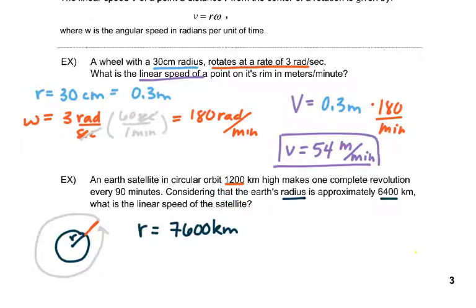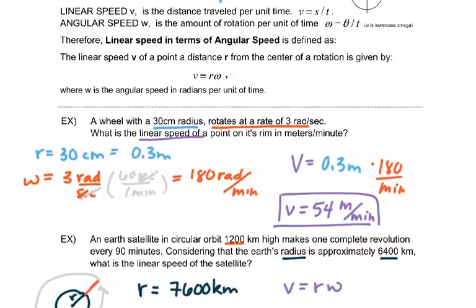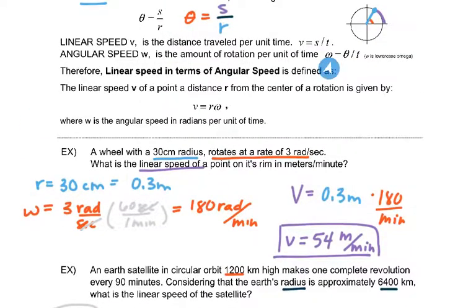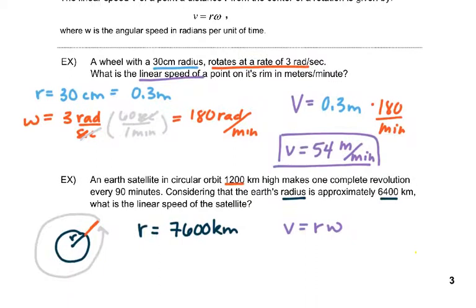So if we're asked to find the linear speed, we're going to use our equation, v equals r omega. We know the r. What is the omega? Well, scrolling back up, we know that omega is theta divided by the time, per unit time. So if I say omega is theta divided by t, that means we're going to make 2 pi radians.